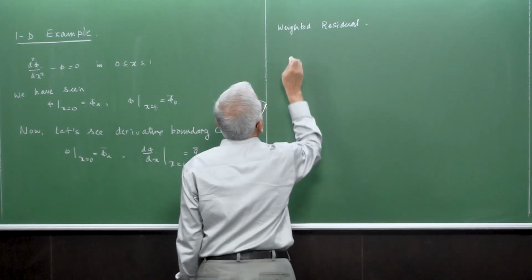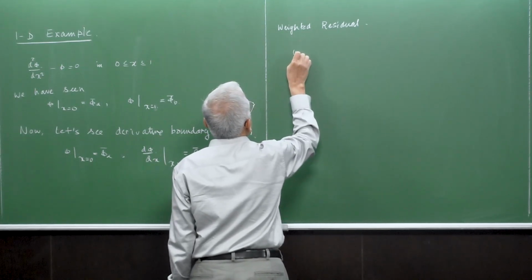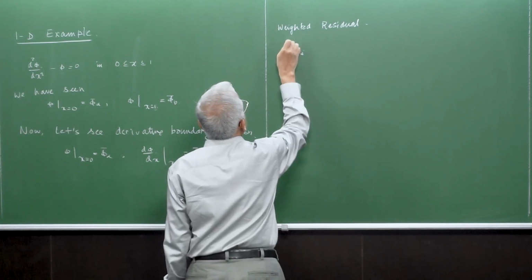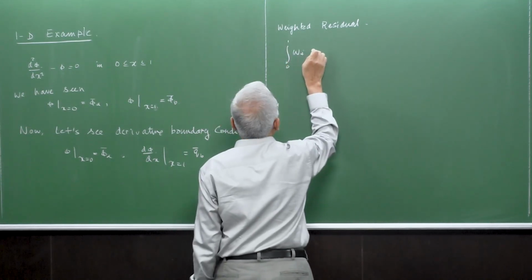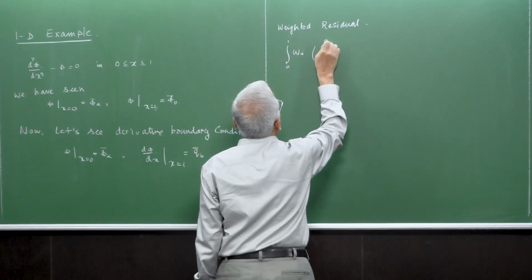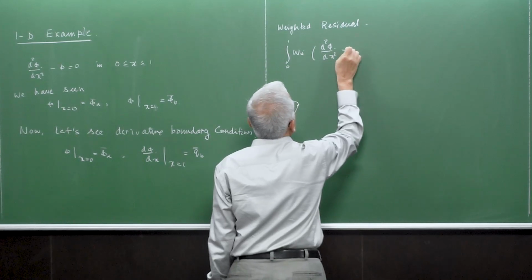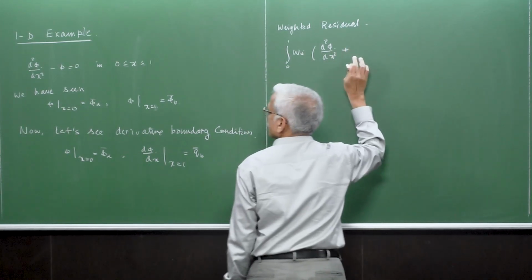The weighted residual statement is, if you recall, Wi is the weighting function, and the given boundary condition and the given governing equation is like this.